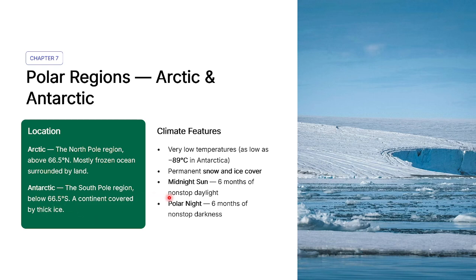The climate feature is very low temperature, as low as minus 83 Celsius in the Antarctic, with permanent snow and ice cover. Midnight sun is 6 months of non-stop sunlight, and polar night is 6 months of non-stop darkness. This is about the polar regions.